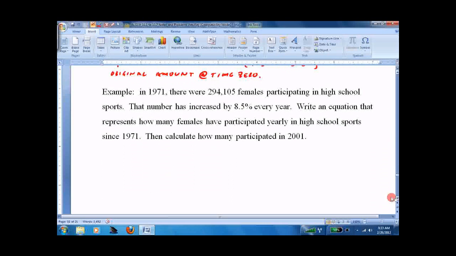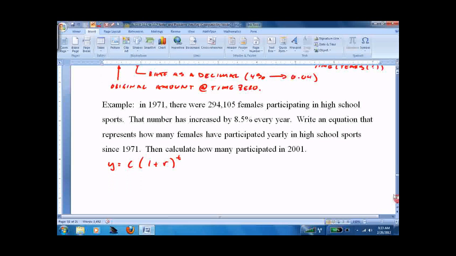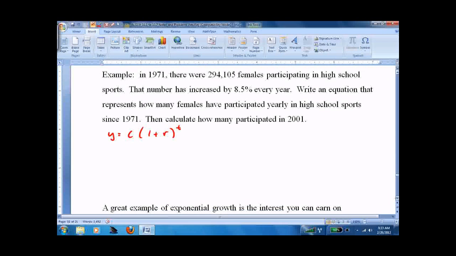In 1971, actually I'll rewrite the formula so we can see it. In 1971, there were 294,105 females participating in high school sports, which is an incredibly low number when you think about it. That number has increased by 8.5% every year.